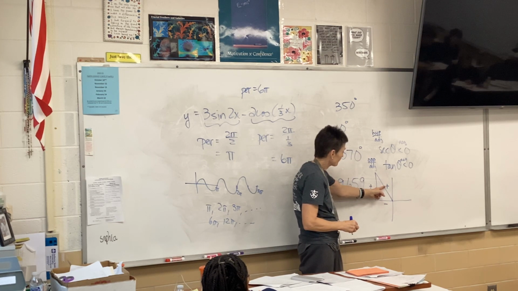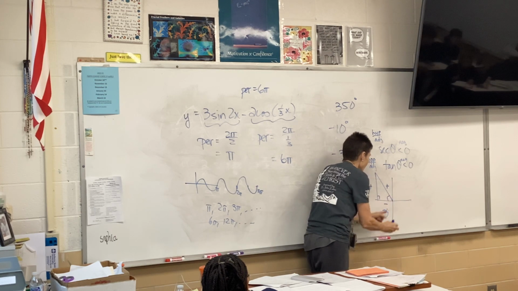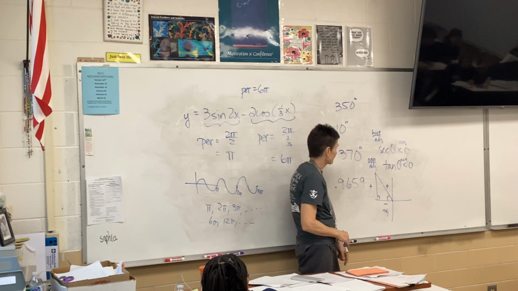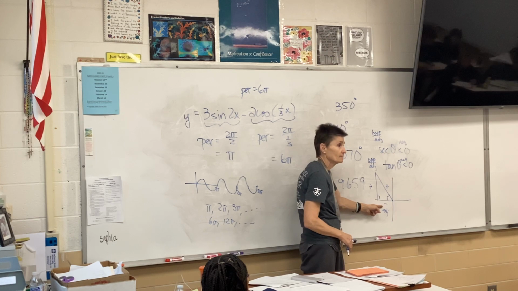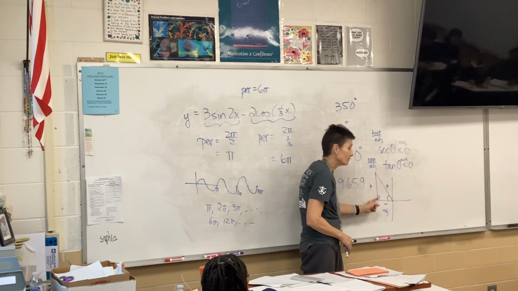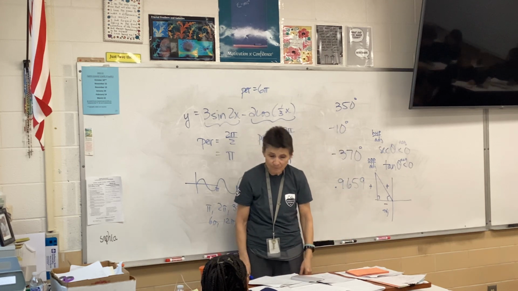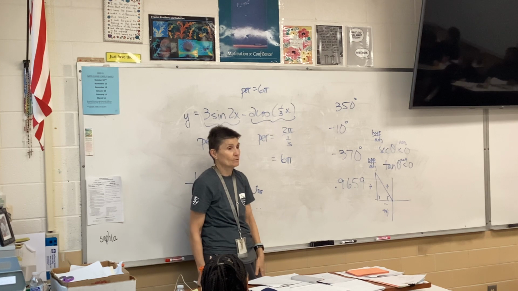Hypotenuse over adjacent. Here's your angle. This is adjacent. Hypotenuse over adjacent, is that negative? Yep. Opposite over adjacent, is that also negative? You got it. If you guessed quadrant 2, you guessed right. Or if you logicked that out ahead of time, you got it absolutely correct.